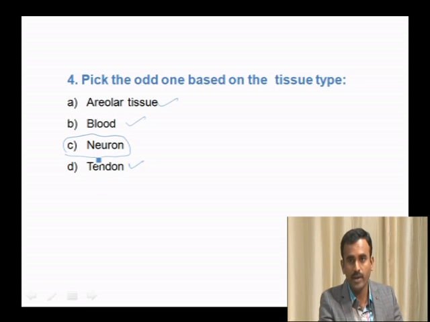It comes under a separate category. We have learned about four different types of tissues: epithelial, connective, muscular and neural tissue. A, B and D are types of connective tissues, but neuron helps in conduction of nerve impulses. It's a different type, and this is the odd one. Option C is the answer for the fourth question.